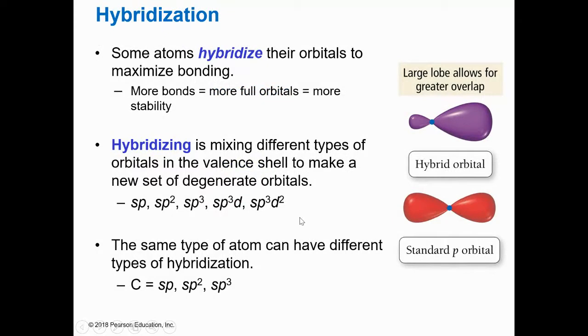So why would it be that they say the same type of atom can have different types of hybridization? For example, carbon can be sp, sp2, and sp3. Why would there be differences?